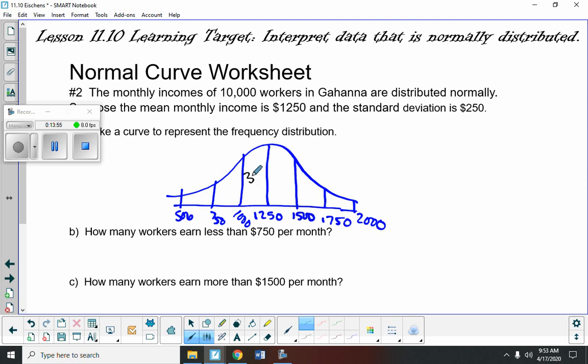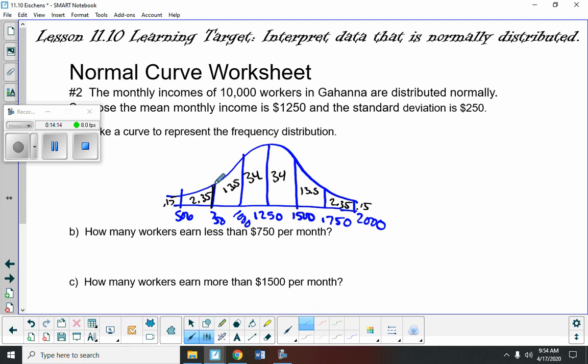And then we write in our percents, 34, 34, 13 and a half, 13 and a half, 2.35, 0.15, 2.35, and 0.15.